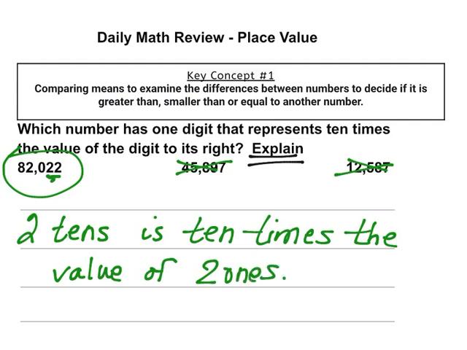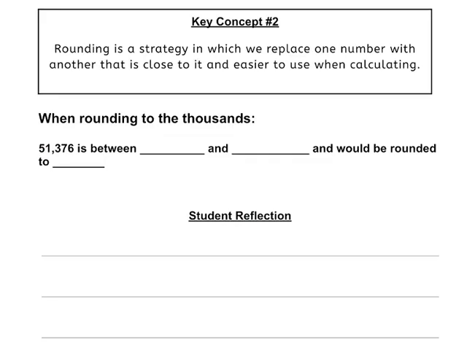If we had 2 ones and we multiplied it by 10, we'd get 20. Each day I'm going to flip back and forth on different ways that you can explain this, because remember, we might all explain something differently. All right, let's move on.